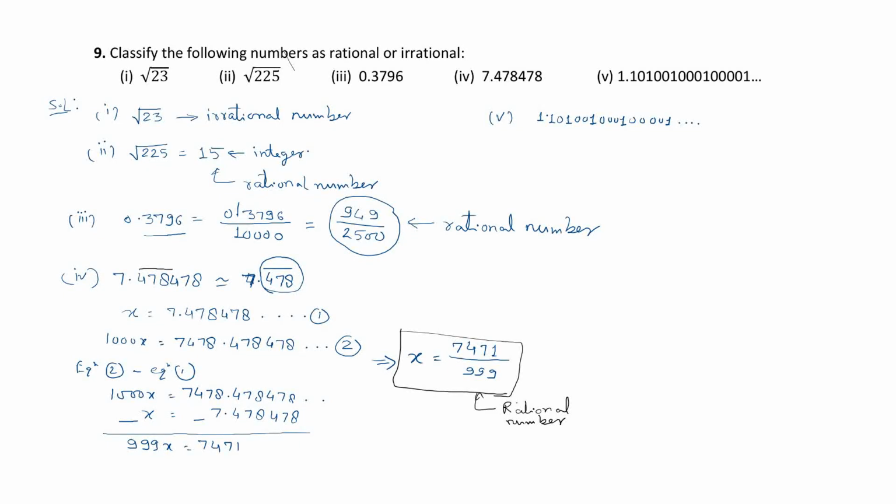It's definitely non-terminating, but is any digit repeating? Is there any pattern? No, there is no pattern and no digit is repeating. So we can say it is an irrational number because it is non-terminating and non-recurring.